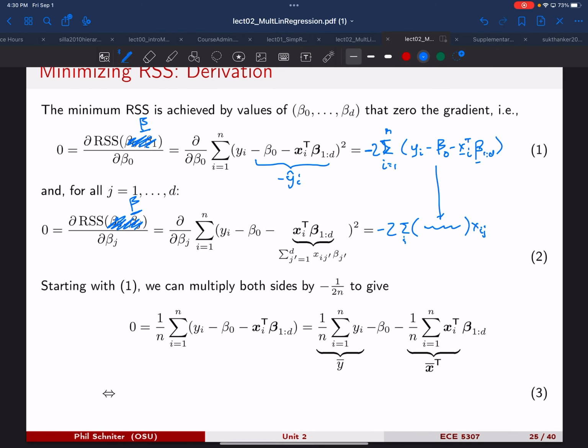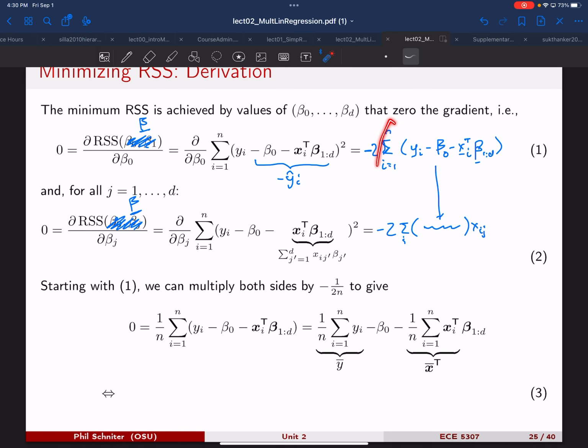Now we're going to use the same steps as last time to simplify this. Essentially we want to turn these into averages because then we can plug in our statistics. So we want to change the -2 to a 1 over n, so we can multiply both sides of this equation by -1 over 2n, and that will give us this.